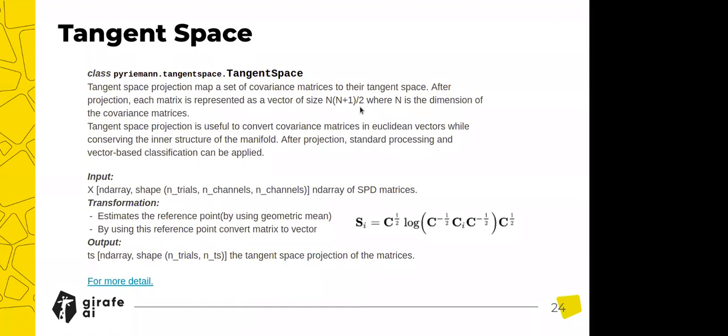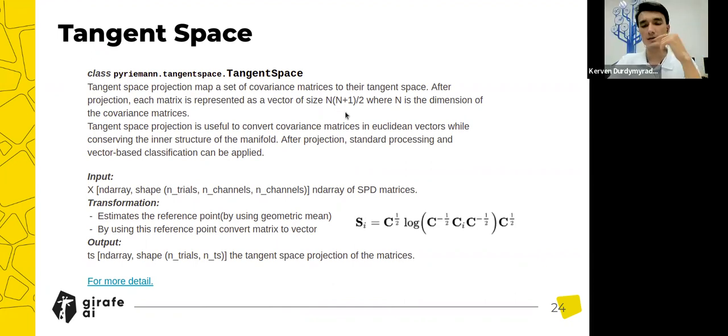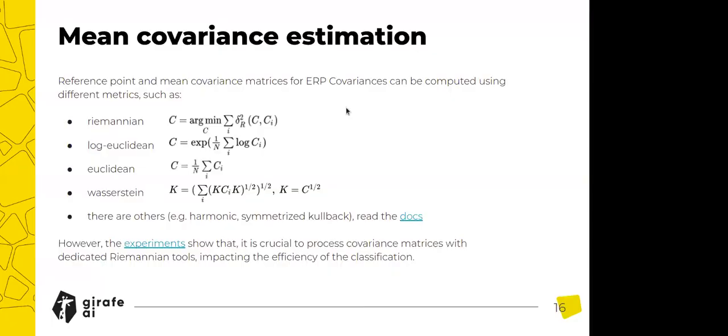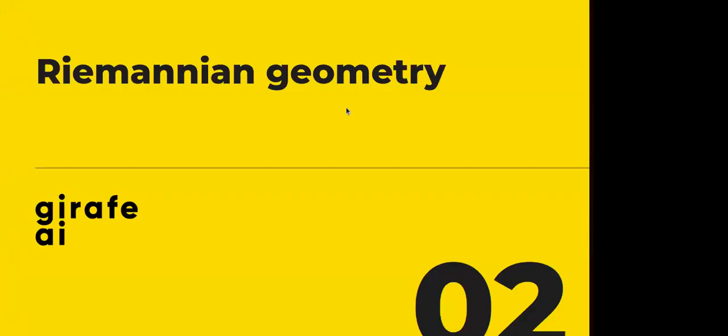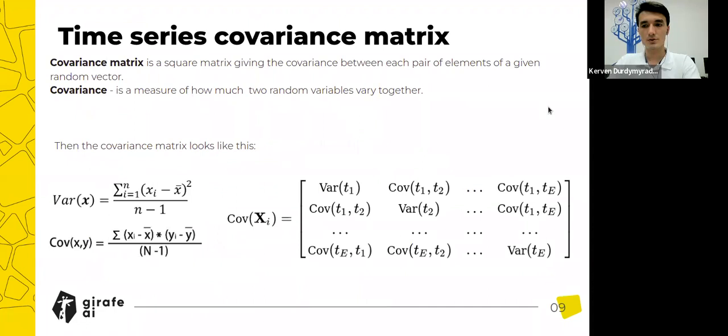And is n the number of channels or sample size, or what is n in this case? N is the dimension of the covariance matrix. Let me show you here.